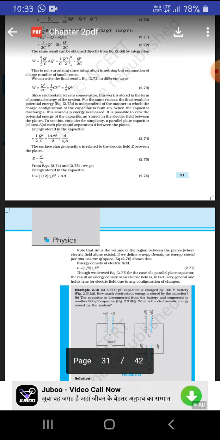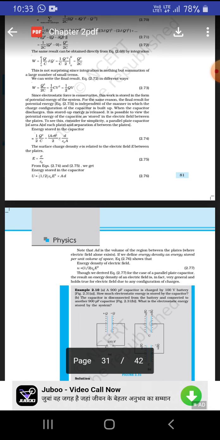So the energy stored in the capacitor is U equals 1 by 2 epsilon naught E squared times A d. We can say the energy stored in a capacitor is like this, for the two parallel plates given.